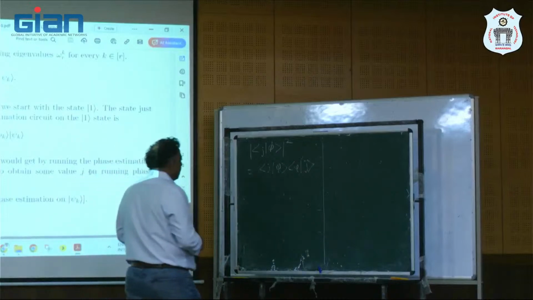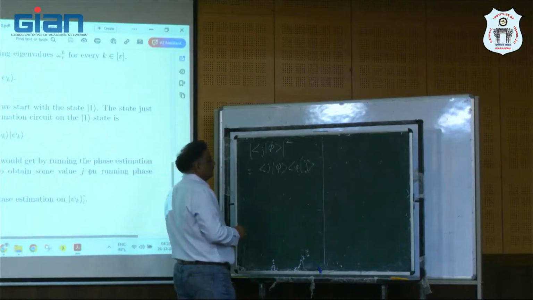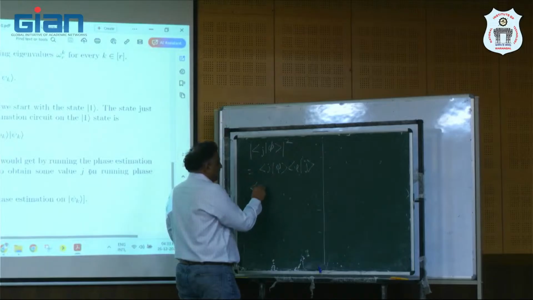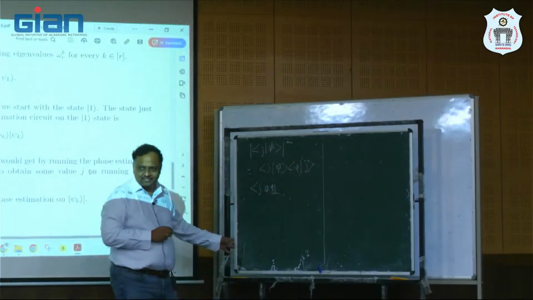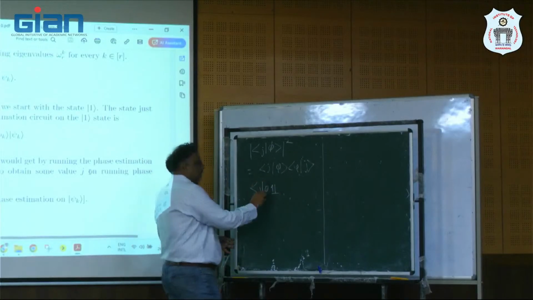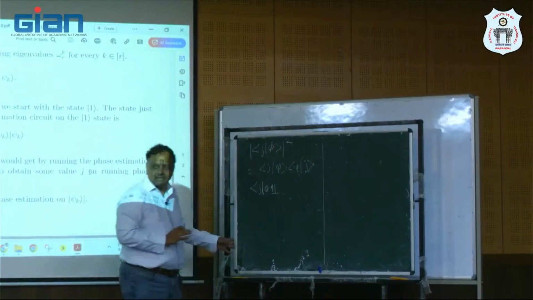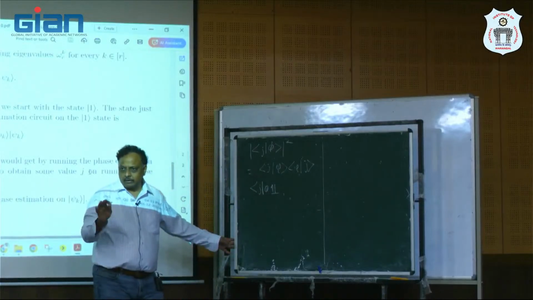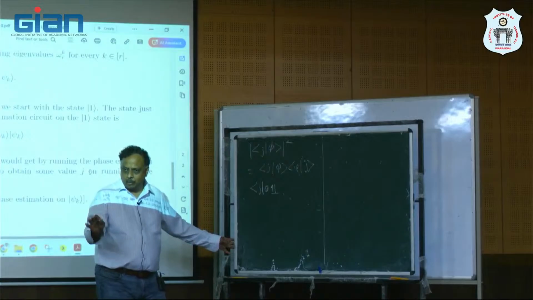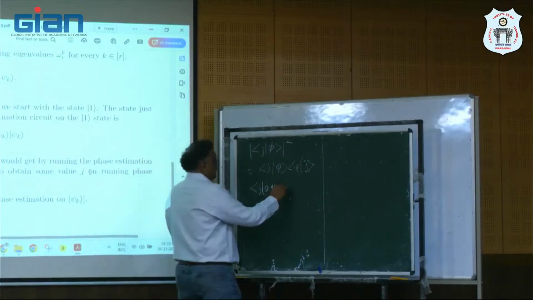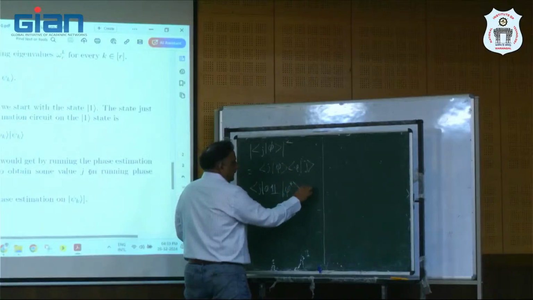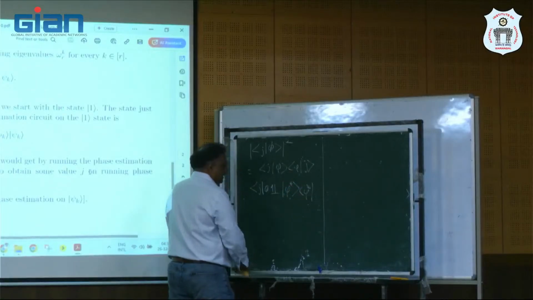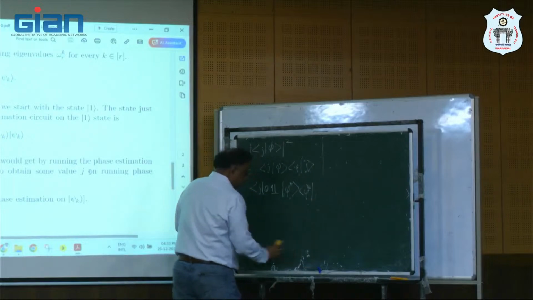So if we look at this, we are not doing anything on the bottom wires. So this tensor identity, doing nothing on the bottom wires. Then phi star, and same thing here.